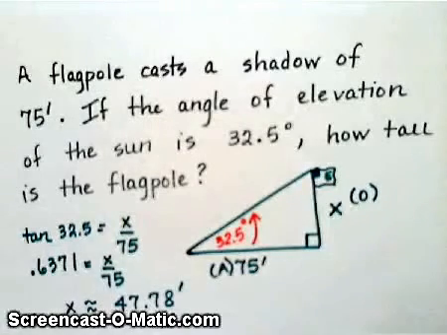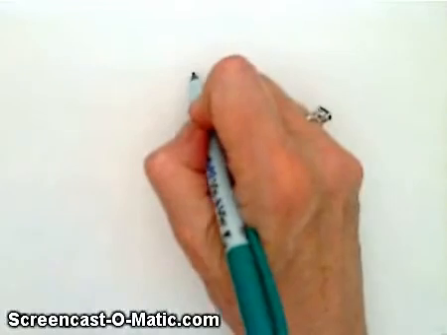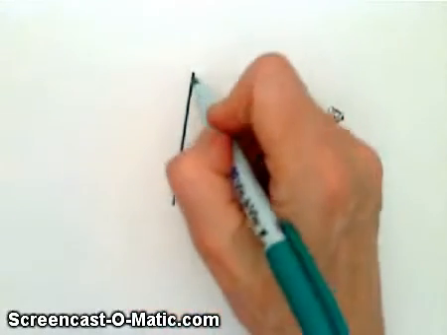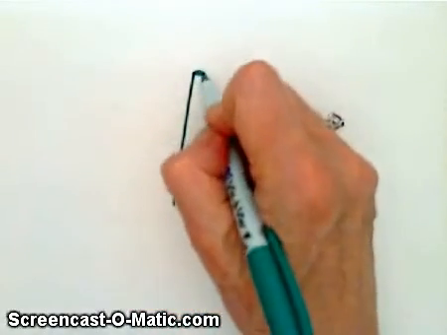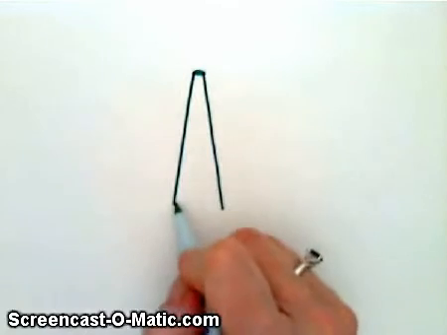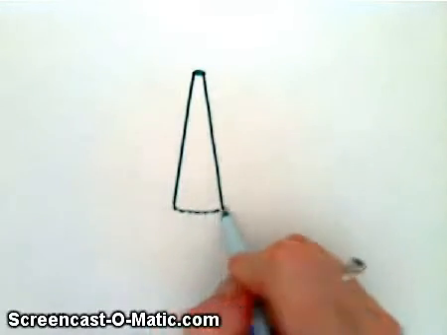Let me show you just one quick problem that involves multiple triangles. Let's say there is a lighthouse, and let's just say, for lack of a better drawing, the lighthouse looks kind of like this.